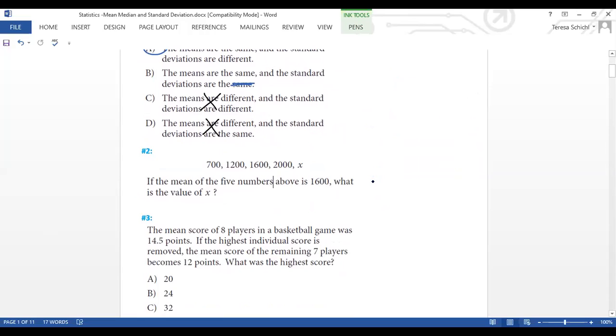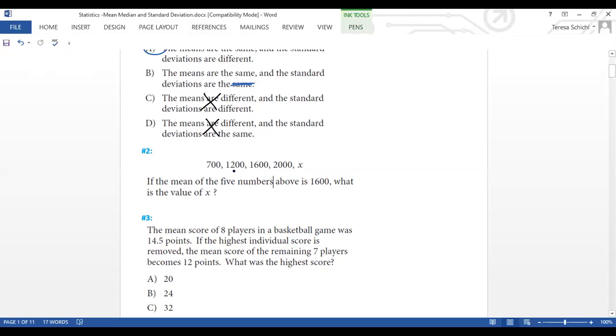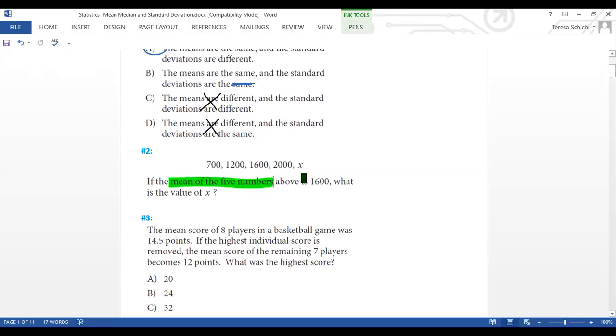Okay, now let's take a look at the second one here, right? The second one, they said, I have 5 numbers here. Okay, so this is like the one I told you. This is a very typical problem where they want you to find the mean. So let's say the mean of these 5 numbers is 1600, what is the value of x here? So basically the mean is the summation.